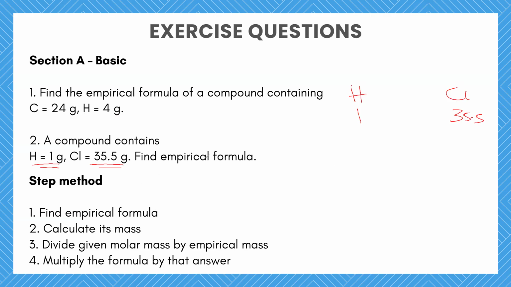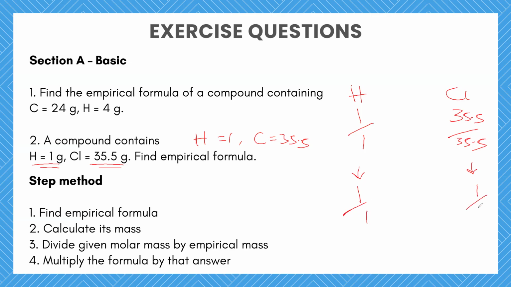The next thing to do would be to convert these masses into number of moles. How do we do that? We divide through by the atomic masses. Hydrogen has an atomic mass of 1 and chlorine has an atomic mass of 35.5. So we have divided by 1 and divided by 35.5. The results obtained are 1 apiece. The next step would be to divide through by the smallest number, which happens to be 1 as well.